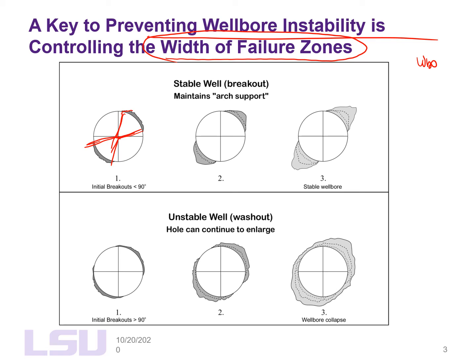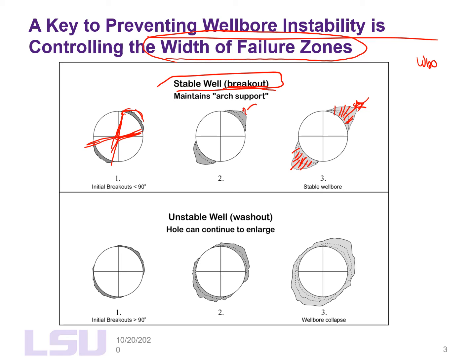Because the angle doesn't necessarily increase with time, it only gets deeper like shown here, you will still be able to drill your well successfully. Granted, you will produce more cuttings from this region, but with well circulation, you'll be fine. And that will give you a stable well, even when you have breakouts.